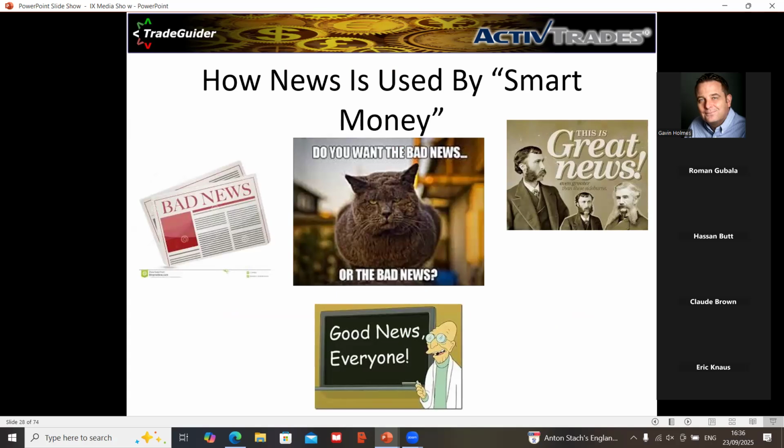Now, you can see here, do you want the bad news or the bad news? I wasn't allowed to use that in my book either. That's a grumpy cat. But then you've got this, which I was allowed to use. Oh, this is great news. It's going up. Everything's going up.